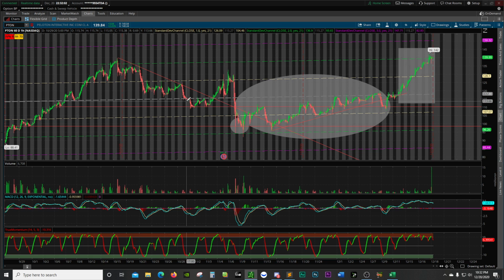I think it's safer to do that, especially if you can time it better, because you get less premium when you do an iron condor at the same time, right?